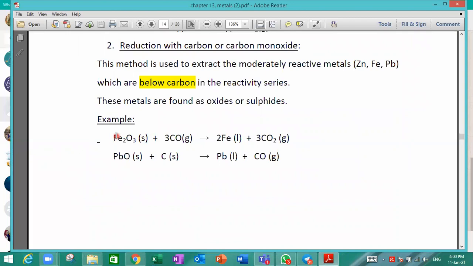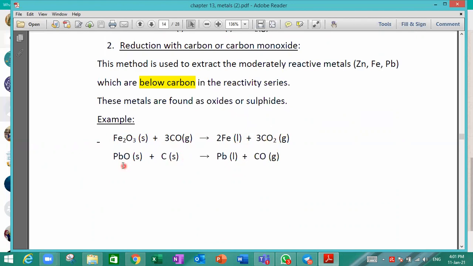We are going to get iron, and carbon monoxide will be oxidized to carbon dioxide. So the iron oxide will be reduced to iron, and this is liquid. Here, L means liquid. It's not the oxidation state of iron. It's iron metal, but in the form of a molten state liquid, and the carbon monoxide will be oxidized to form carbon dioxide.